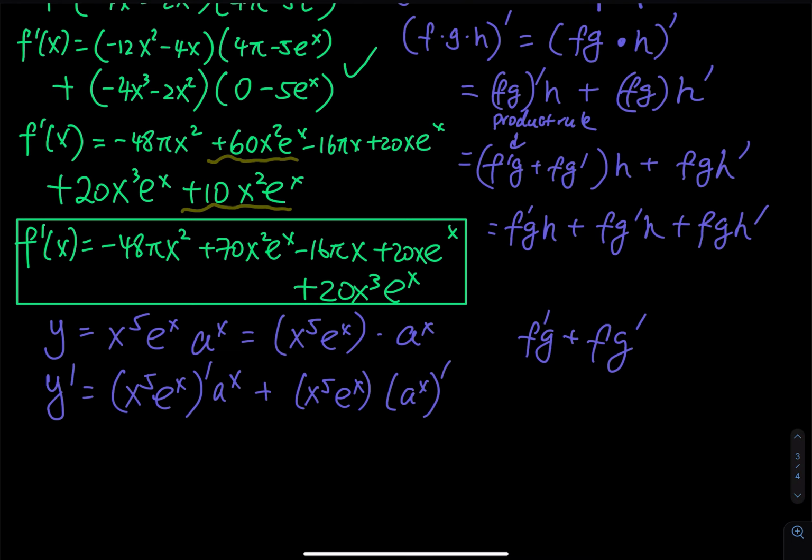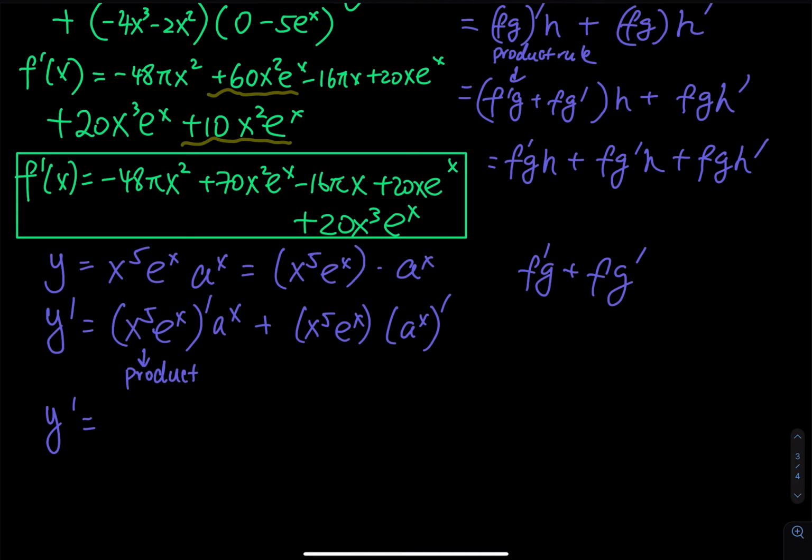All right, so here is another product rule. What is that equal to? The derivative of x to the fifth is 5x to the fourth, and then we copy e^x, plus x to the fifth times the derivative of e^x, which is still e^x.